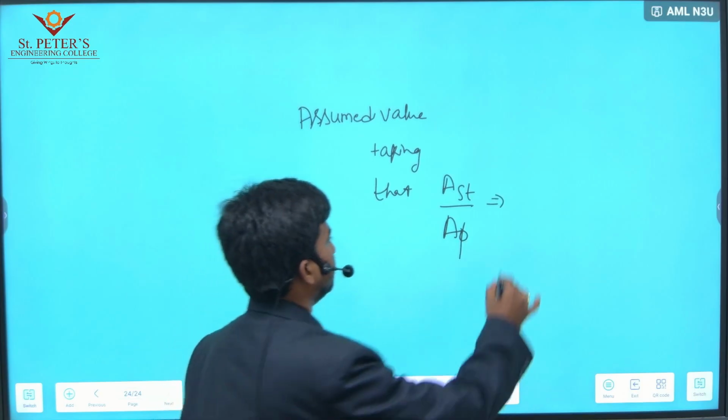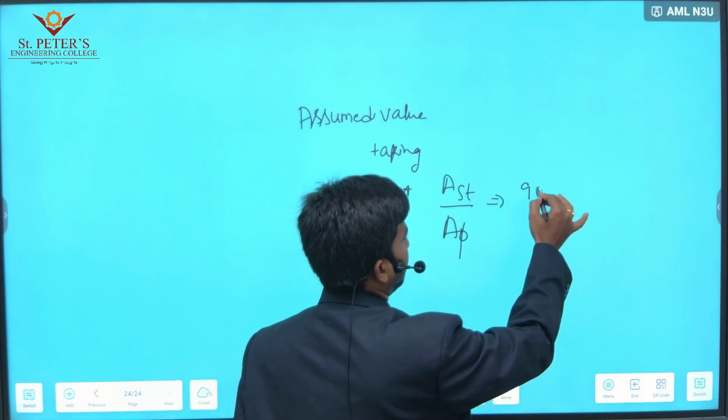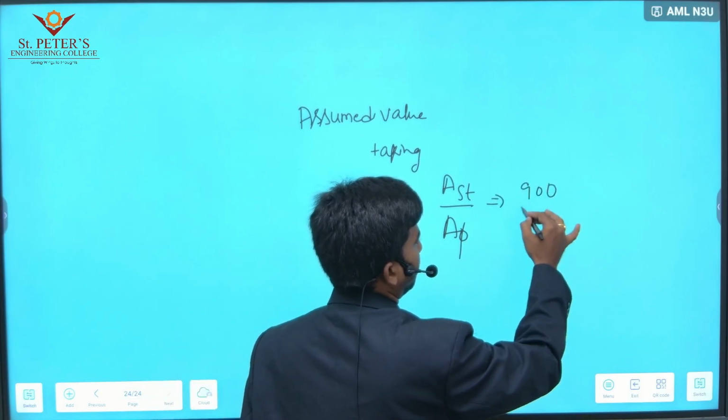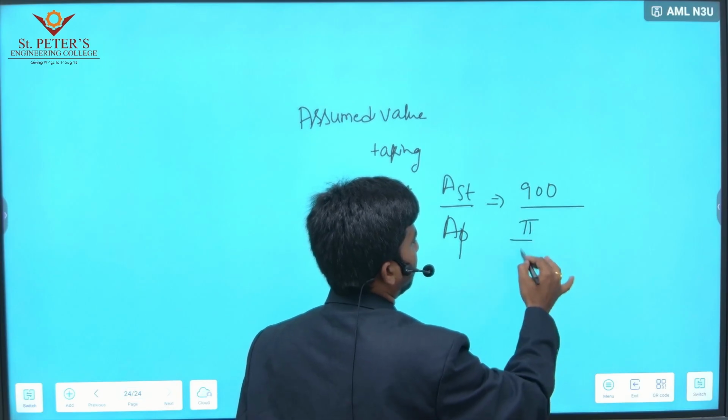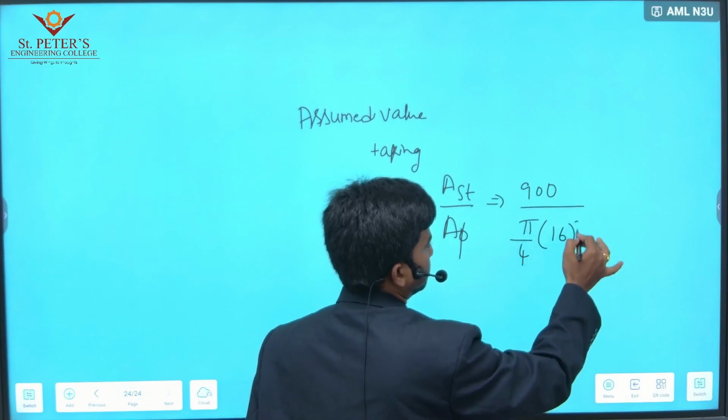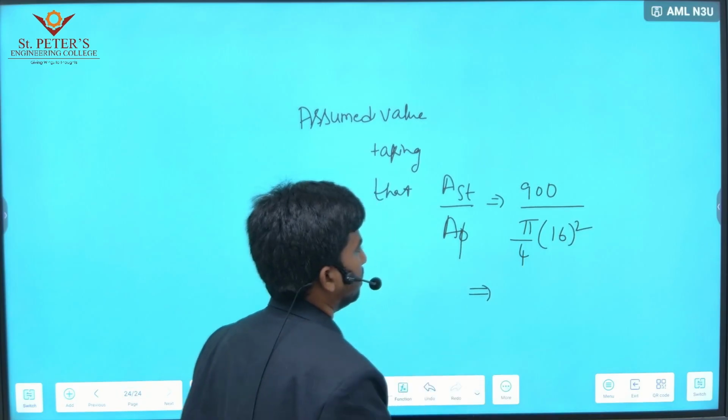AST value we are taking as assumed 900, all divided by pi by 4 into 16 square.